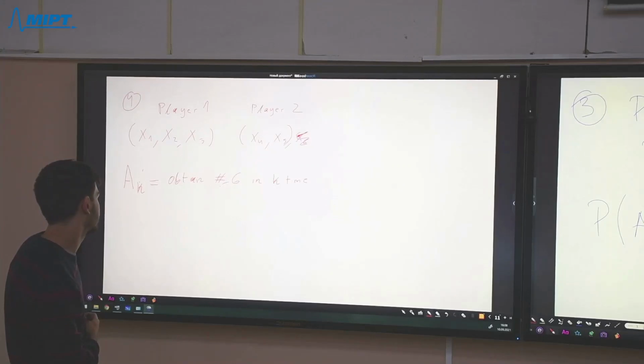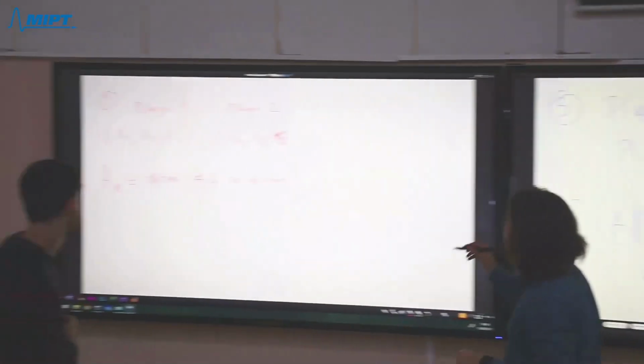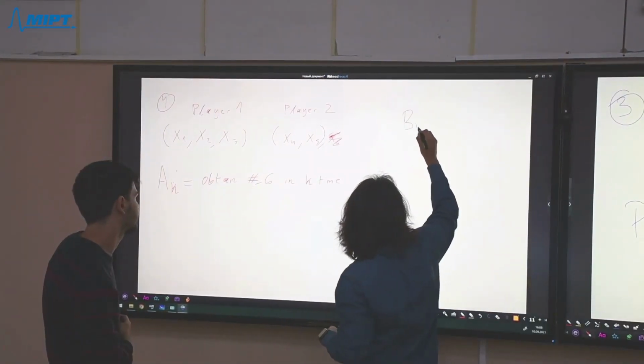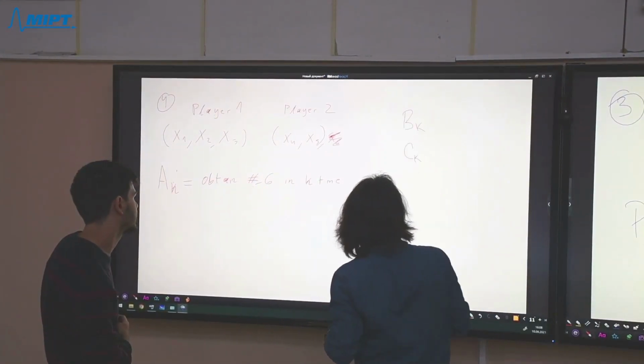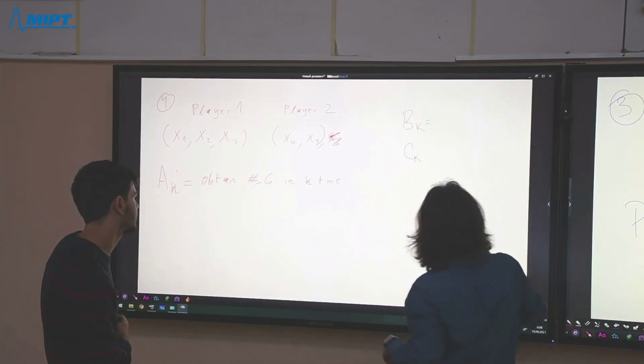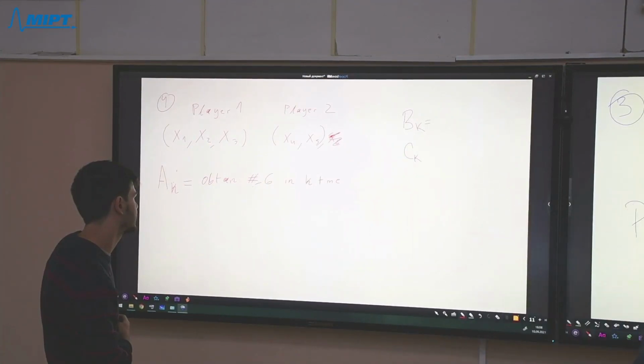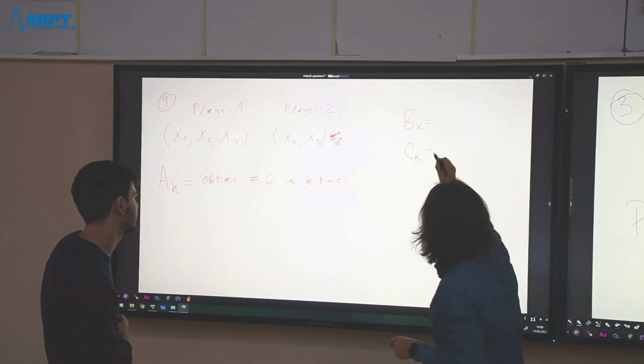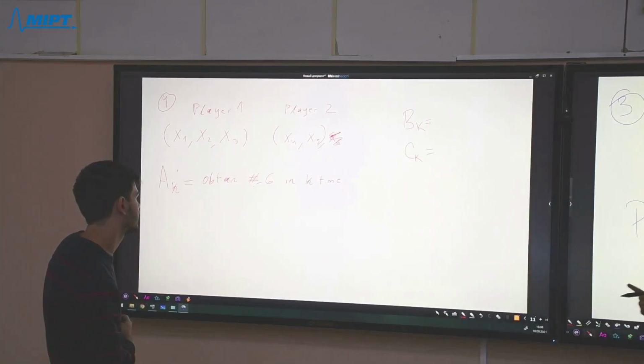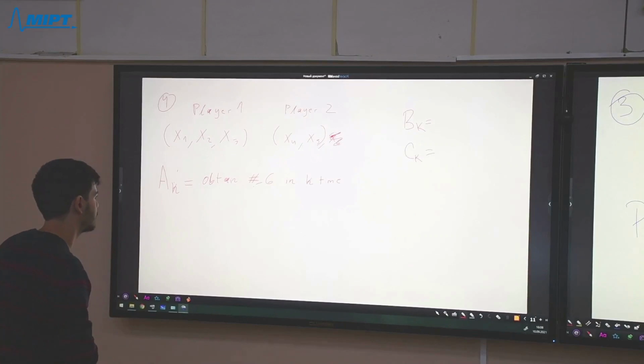Yeah. So we have two new events, BK and CK. BK is the event that in the kth time, player A got 6. And CK means that in the kth time, player B got 6.